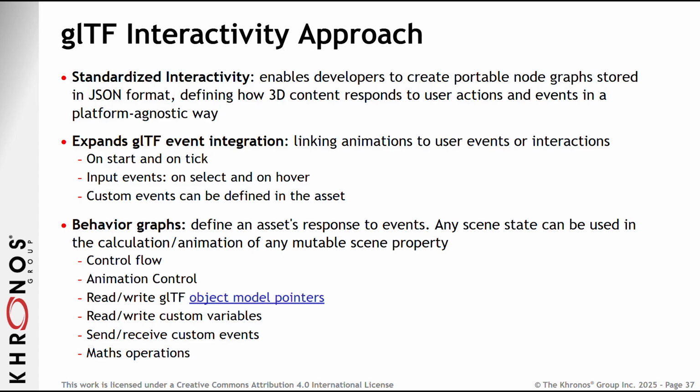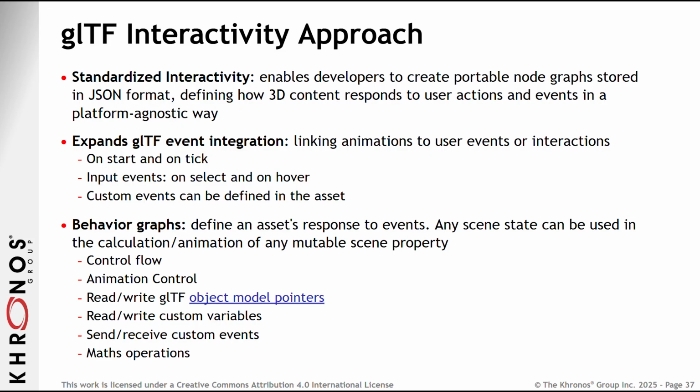Our approach to interactivity is enabling developers to create portable node graphs stored in the JSON format, similar to the rest of the glTF format, and defines how 3D content responds to user actions and events in a platform-agnostic way. So it will work on mobile, on AR, VR headsets, and whatever platform we support.